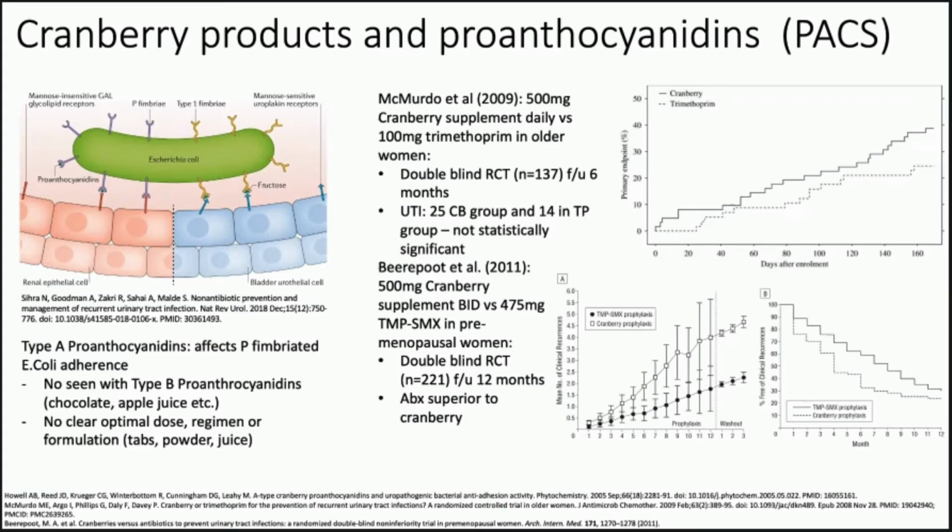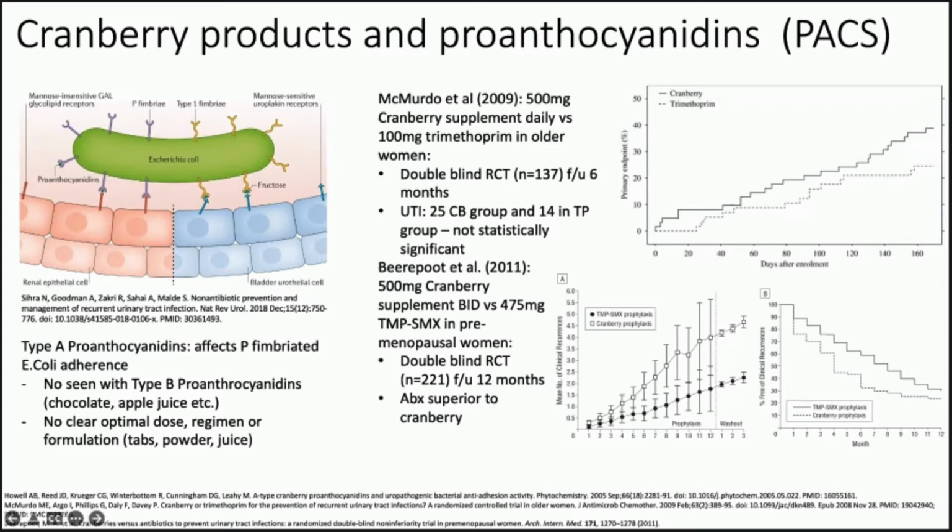There was also another trial that was performed by Beerepoot and colleagues that compared cranberry supplements with Septra prophylaxis over the course of 1 year and found that the Septra was a superior agent, as evident by a lower mean number of clinical recurrences at the expense of increased antibiotic resistance.